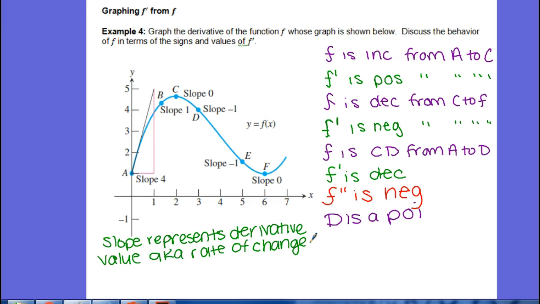So if the derivative is 0, so f prime is 0 at C and F. So what's happening on my original then? If this derivative is 0, the original is an extrema. F has an extrema.